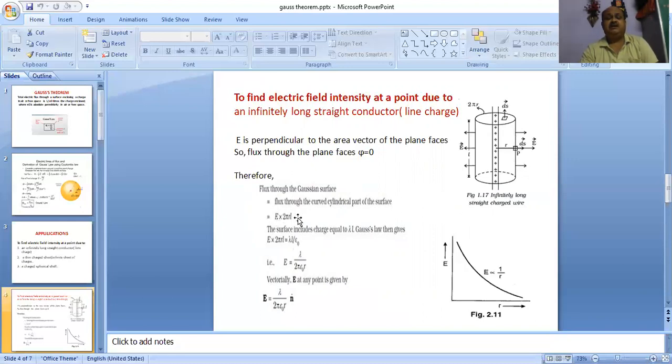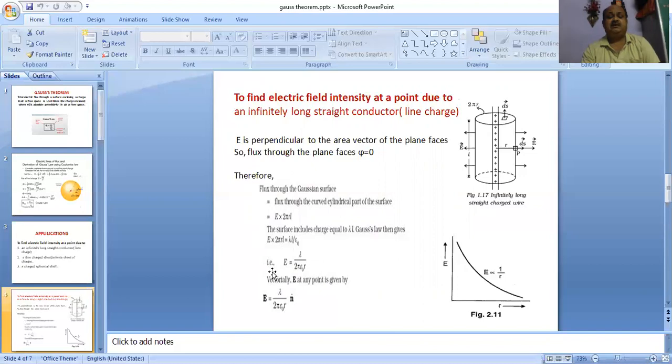So this is E into 2 pi RL. 2 pi RL is the curved surface area of the cylinder. The surface includes charge equal to lambda L. Therefore, Gauss law gives E into 2 pi RL equals lambda L by epsilon naught.